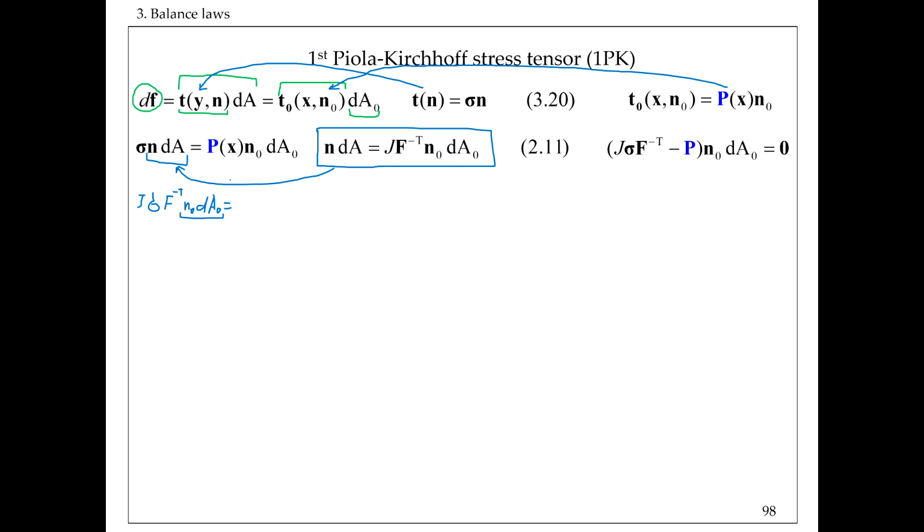Therefore we obtain this term, J sigma F minus transpose, minus the other term, P, multiplied by the same n0 dA0.